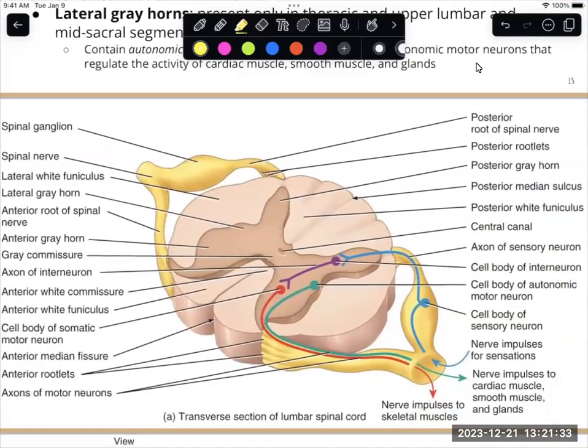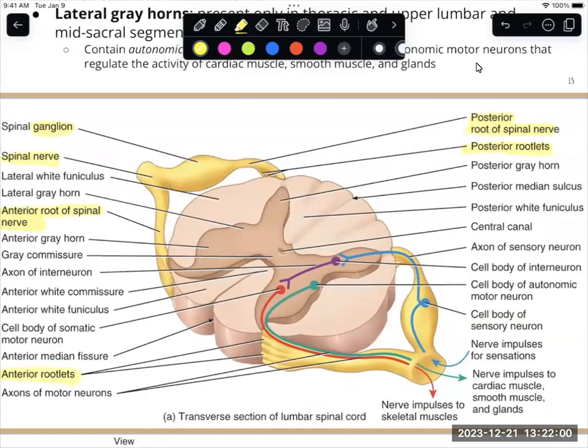We talked about, here's that spinal nerve. There's that posterior dorsal root ganglion. I mentioned the posterior roots, and those rootlets are those little fiber portions. Here's that anterior root, and those anterior rootlets.